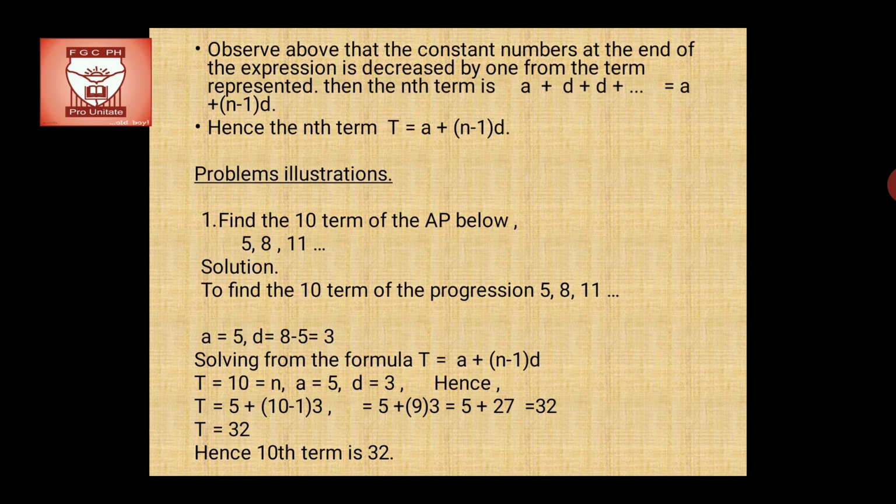When we open the bracket, 10 minus 1 gives 9. So when we simplify, we have 5 plus 9 multiplied by 3, which is 5 plus 27, which is 32. We can conclude that the 10th term of the progression we are given is 32.